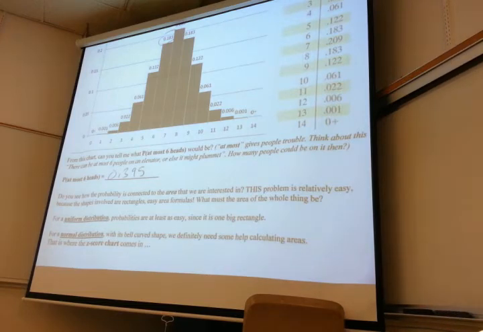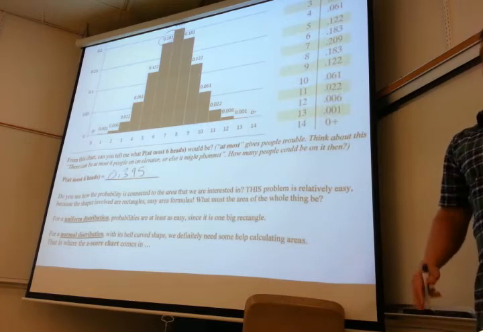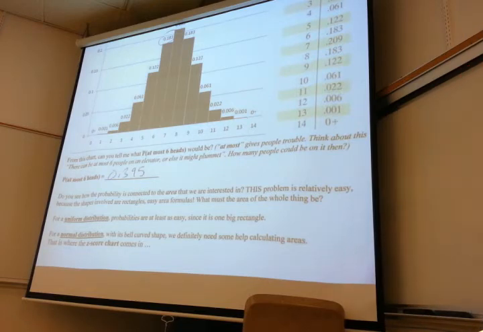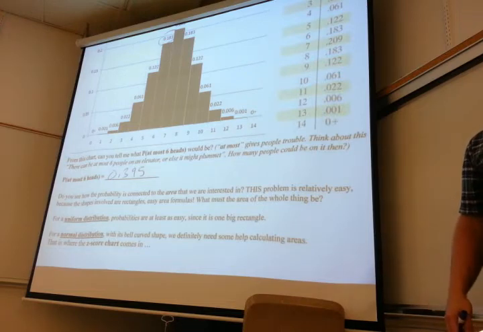So if I want to know in this situation, what's the probability from 1 to 2? How would I get this probability here? Just find the area. There you go. Cool.